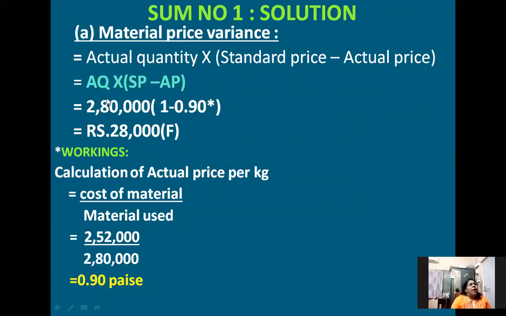We have the actual quantity used as per the problem, and the standard price per kg is 1, which is also available, but the actual price per kg is not available. That we calculated in the working notes: cost of material divided by material used. So the cost of material is 2,50,000 and the material used is 2,80,000.